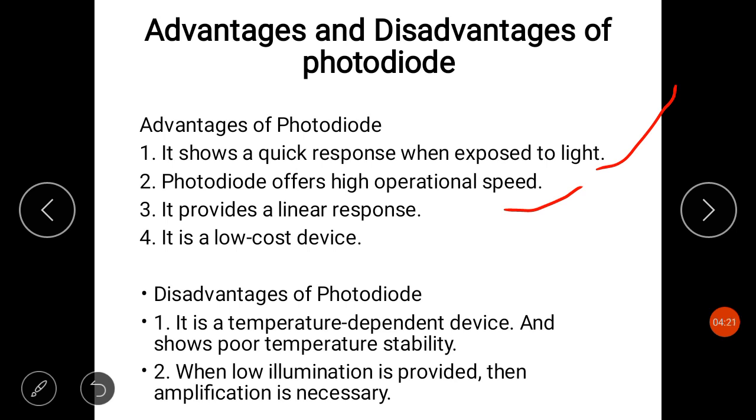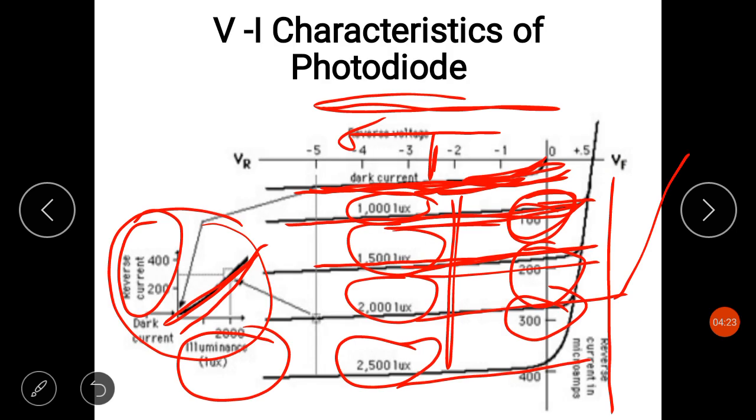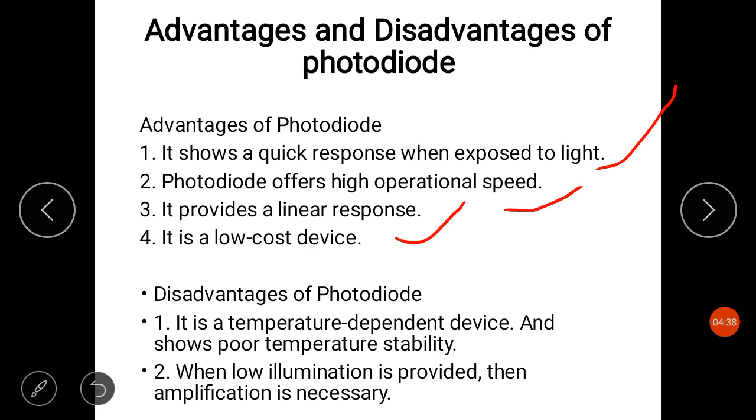Then it provides a linear response, as I've told you from this graph, that with the increase in the intensity of light falling on the depletion region of the photodiode, the reverse saturation current also increases linearly. And the last advantage, it is a low cost device.